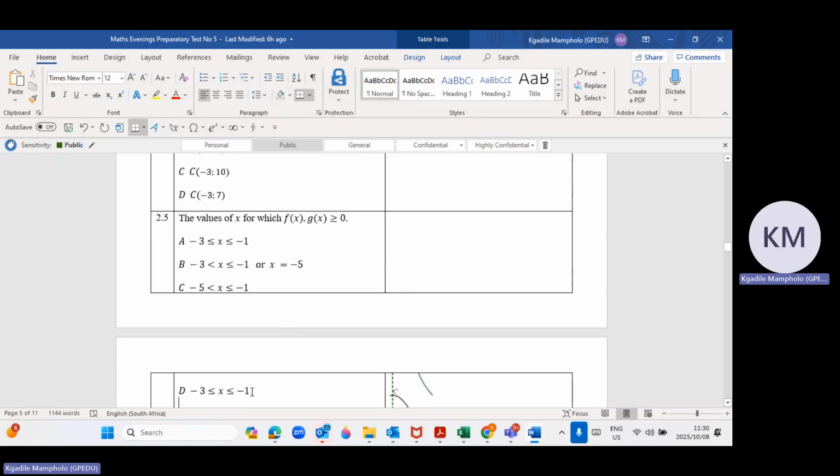Let me just also put it here so that I don't put in one value and then one will be in a position to pick that up to say there is a gap.